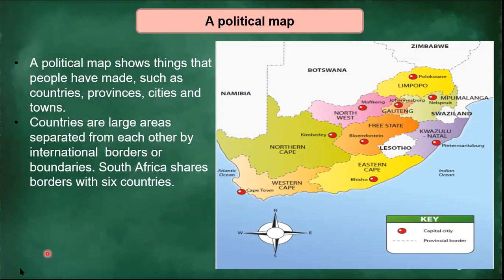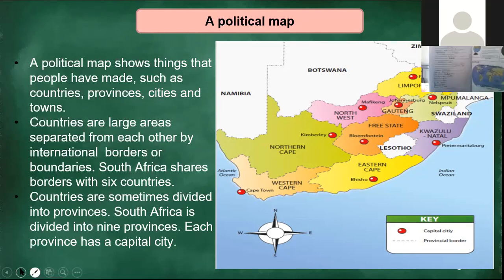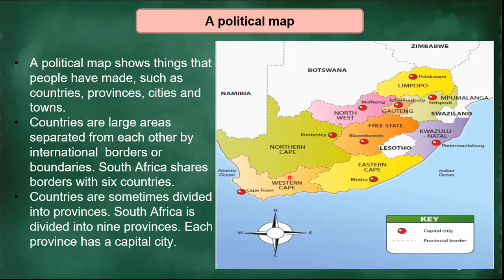Moving forward. Countries are sometimes divided into provinces, okay? Just like South Africa, we decided, no, South Africa is very broad, we are going to divide it into provinces, okay? So when you get a map, a political map, you get a map that has South Africa, and South Africa is being divided. And a physical one shows all the natural things only, okay?